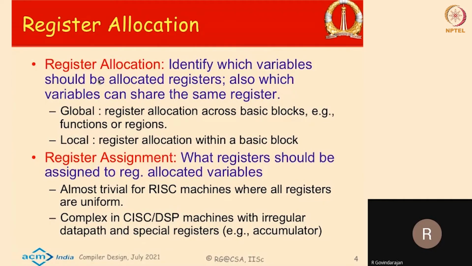Of course, when you are talking about RISC machines and RISC architectures, if you want to perform some operations, arithmetic instructions can only have register operands. So eventually they may have to be brought into registers, but if you have not allocated a register permanently for a variable or a temporary, then if it is a RISC machine and you have to perform some operations on that variable, you will temporarily bring it into some register, perform the operation and put it back into memory.